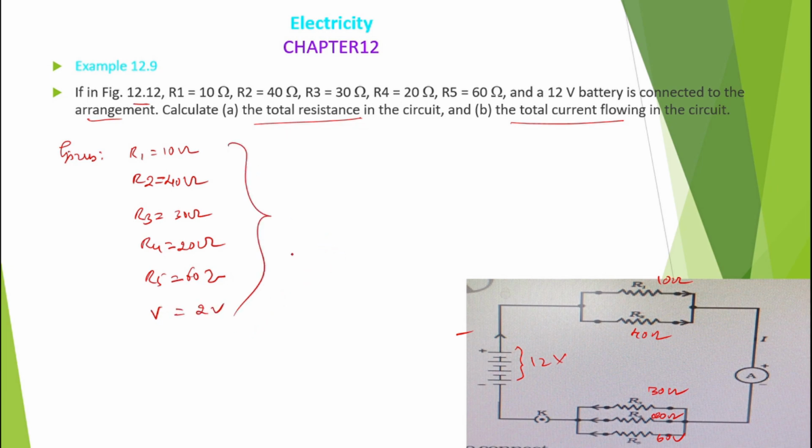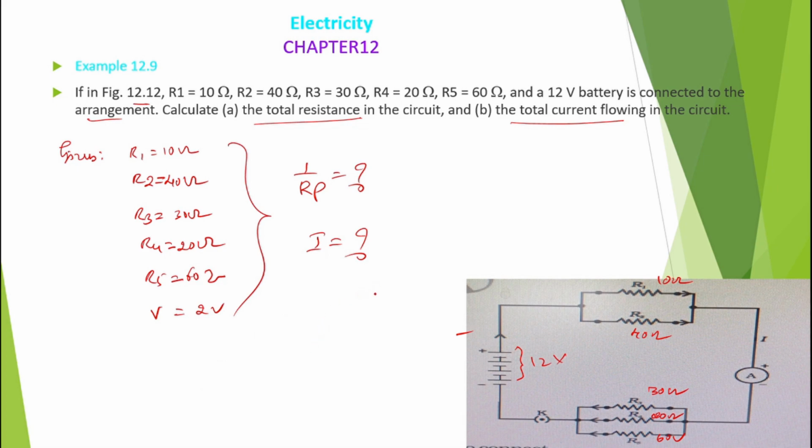This is the first part. The second part is asking total resistance. These are all parallel connections. So 1 divided by Rp is asked, and current flowing through the circuit, I, is asked.